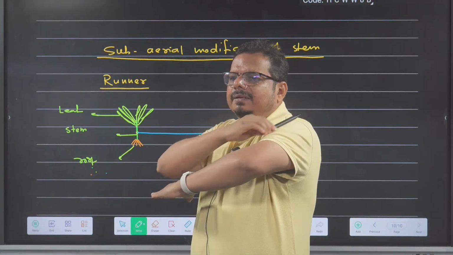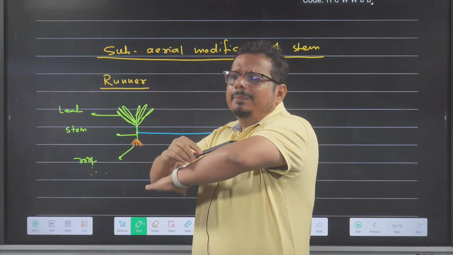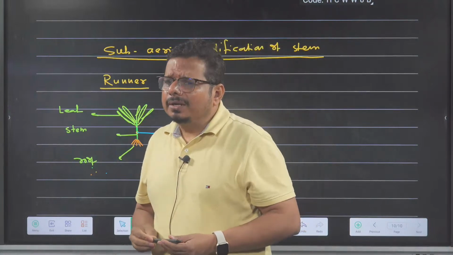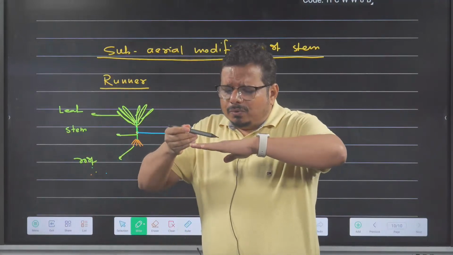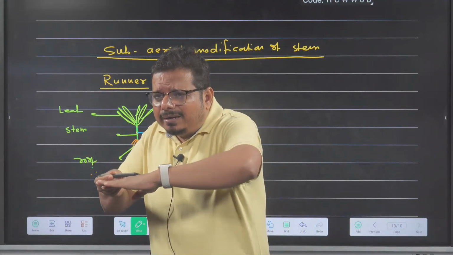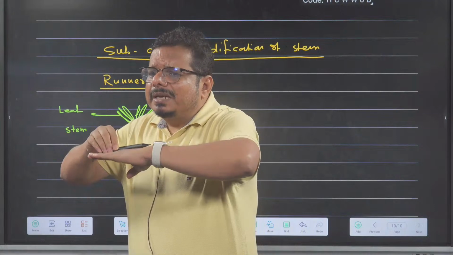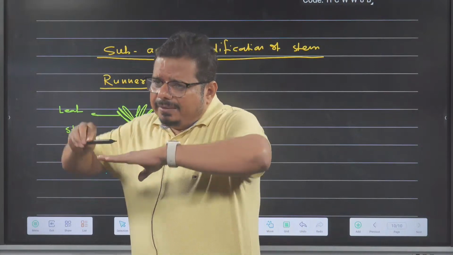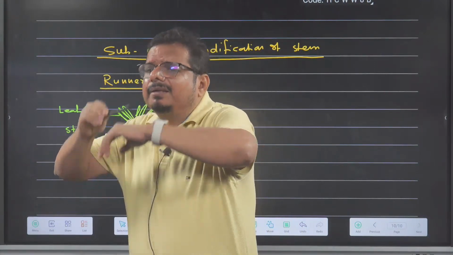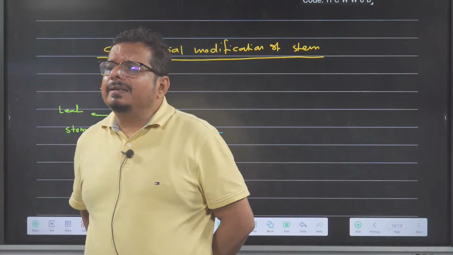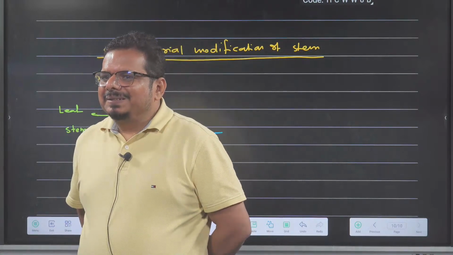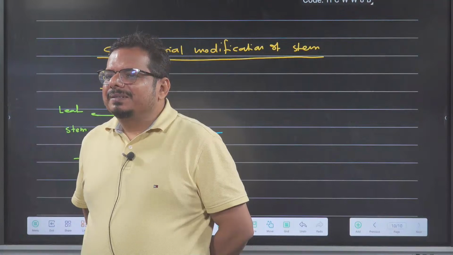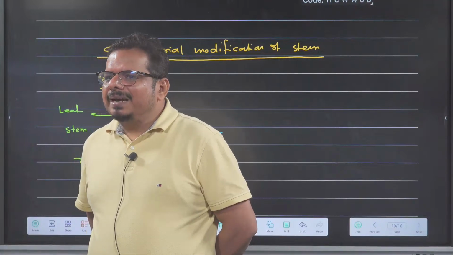They are not moving up. They are creeping on the surface of earth or beneath it. It may be that they creep just below the soil or just on the surface of soil. That is the reason when NCERT deals with it, they write runner as underground. Got the idea? The word underground is written in NCERT.